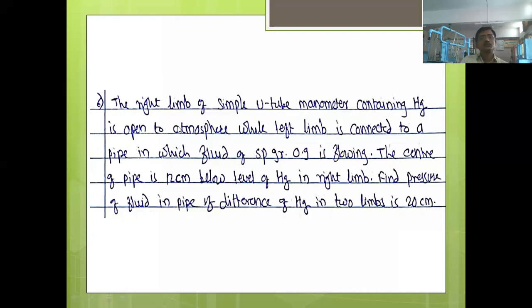Roll number 1. Yes, sir. Can you draw the diagram?